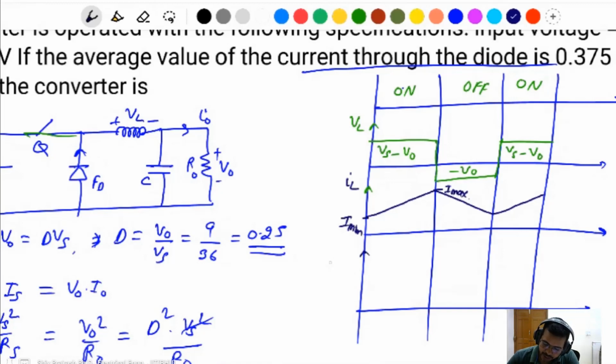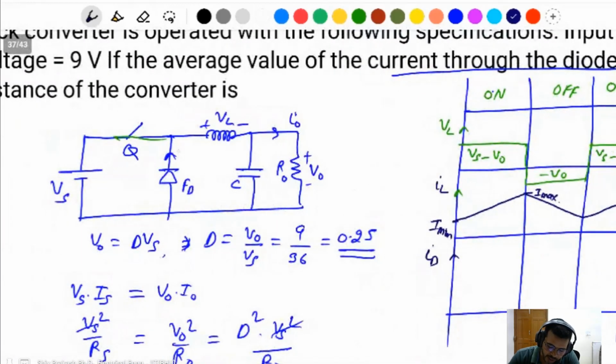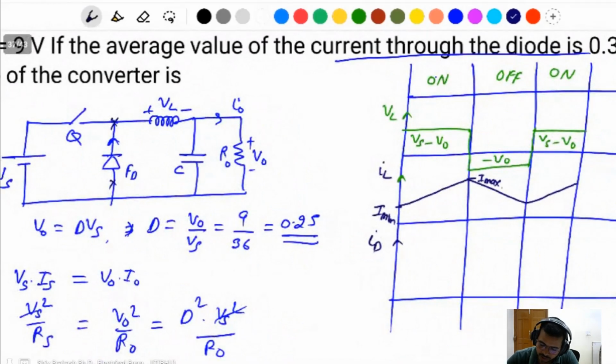Next is the diode current ID. Look here, when the switch is on, the diode will be in reverse bias. That's why the diode current will be 0.